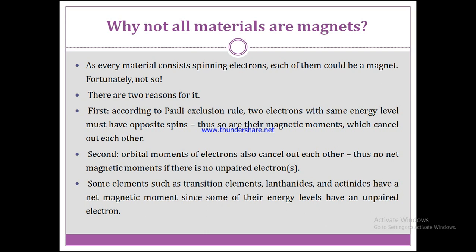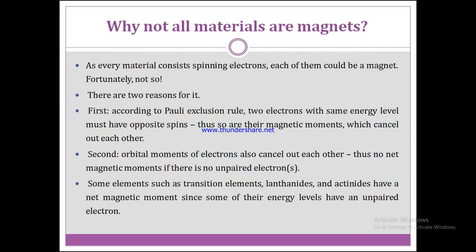So the net magnetic moment, if there are no unpaired electrons, becomes 0. The second reason is that the orbital moments of electrons also cancel out each other, and hence the net magnetic moment becomes 0, and that's why the material cannot be identified as a magnet.